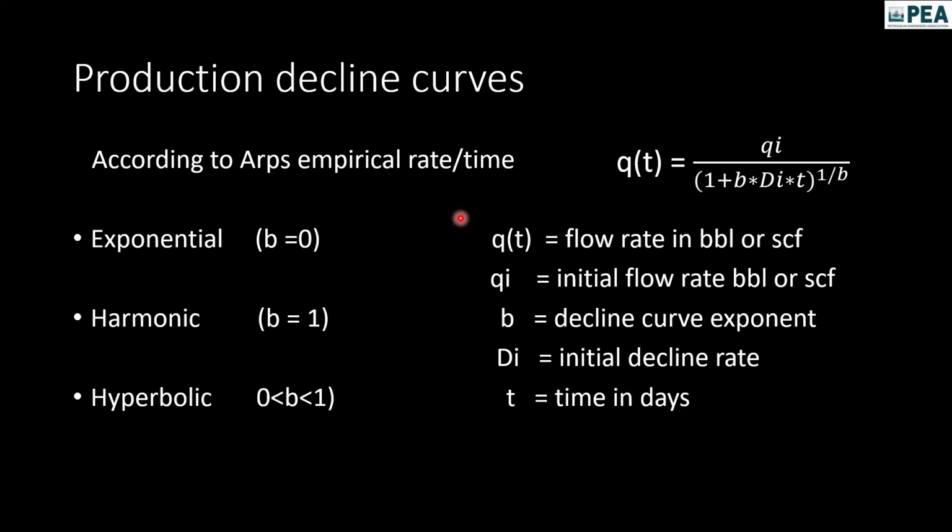Currently you might be producing around 350 barrels per day, but it is declining. At what time period are you going to reach that economic limit?